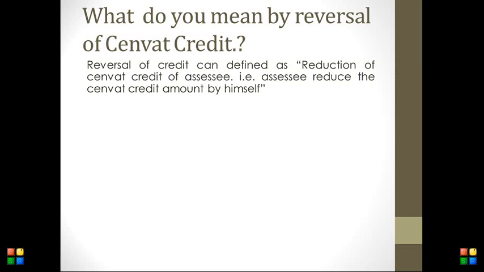That means if you have 1 lakh rupees Cenvat credit, you have to reverse 50,000, and the remaining is 50,000 rupees with you. It is the reversal of Cenvat credit.